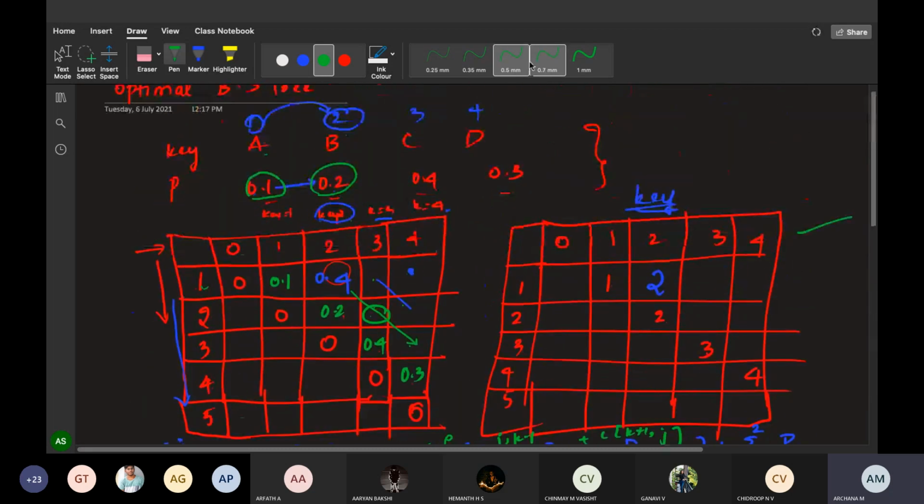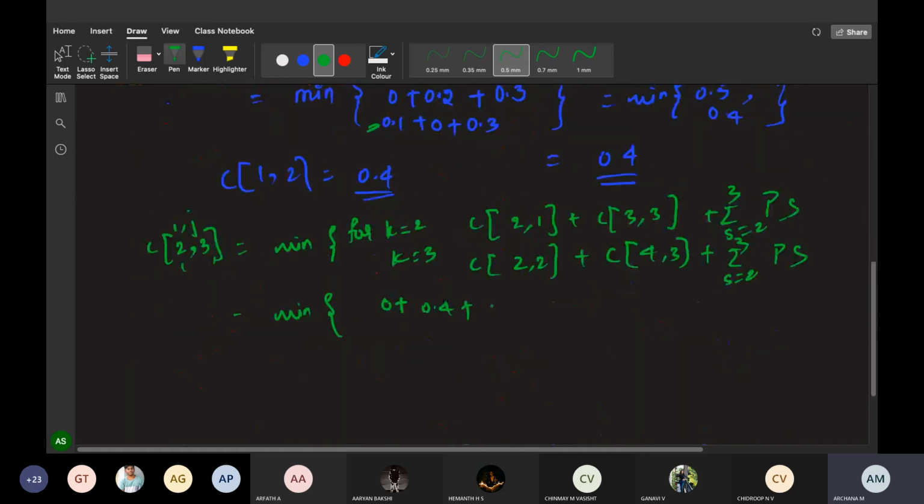From here to here, what is the frequency? 0.2 plus 0.4, what does it come to? 0.6. Okay, 0.6. Same thing, find out for this also. You'll get 0.2 plus 0 plus 0.6. In this you have to find out the minimum. What is the minimum now? 1.4.